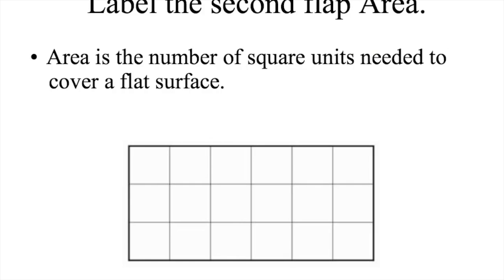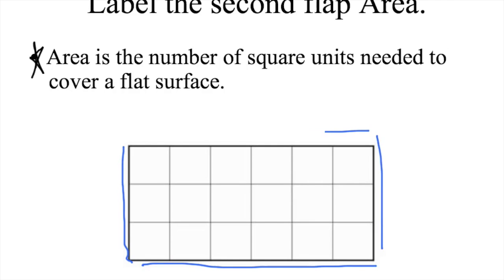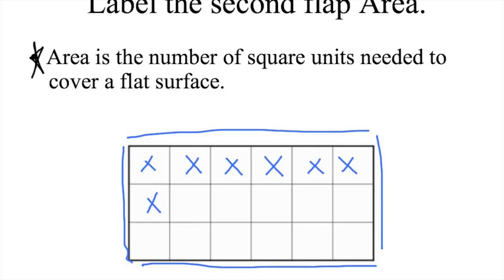Now on your T-chart or your foldable, label the next flap area. Write this definition. Area is the number of square units needed to cover a flat surface. So let's think back. I know perimeter was about the sides. Area is about the insides. So every single one of these is counted as 1 cube or 1 unit of area.